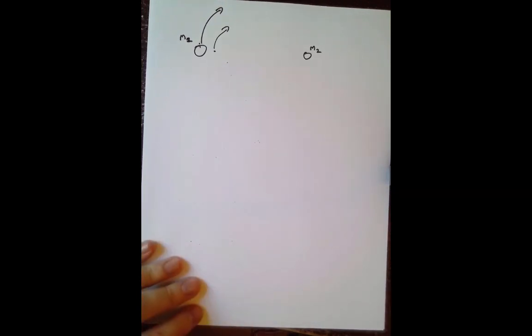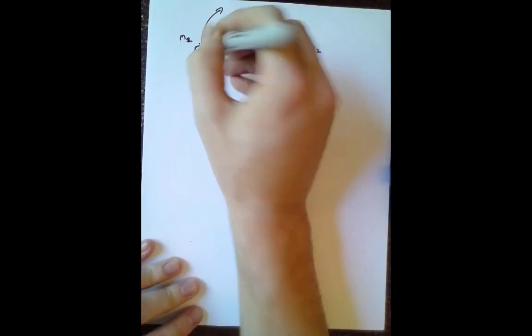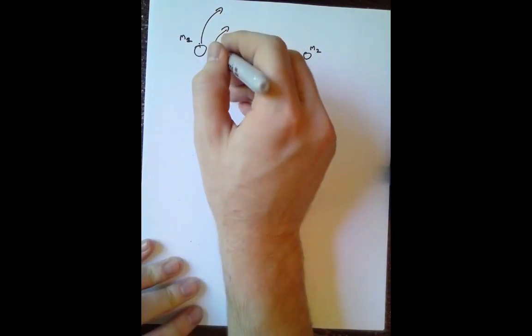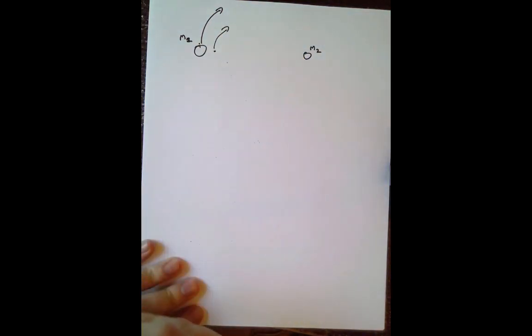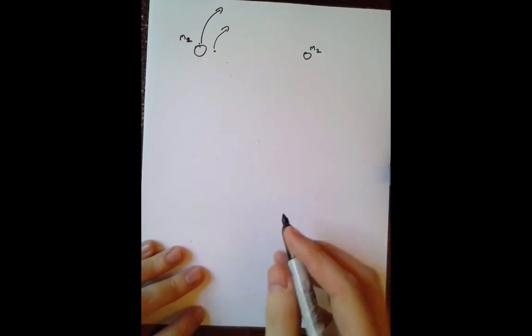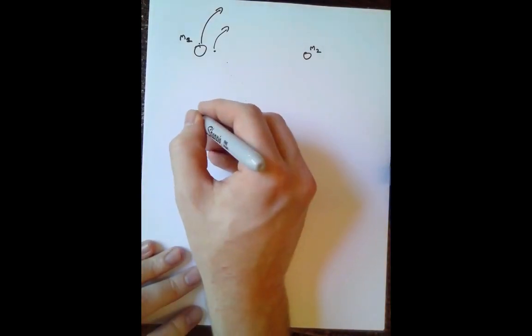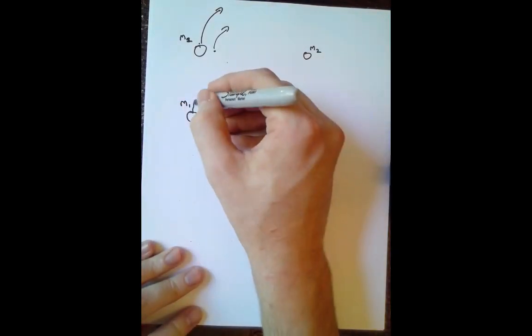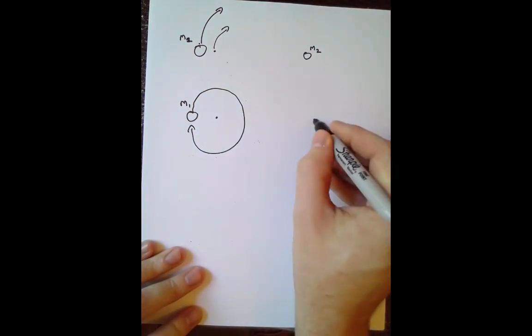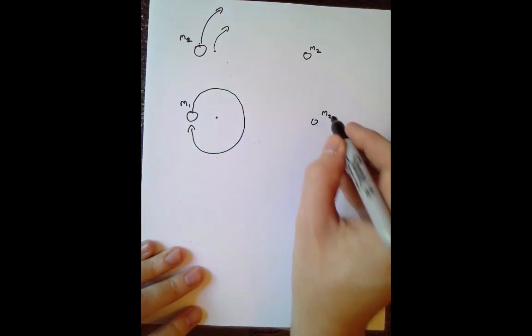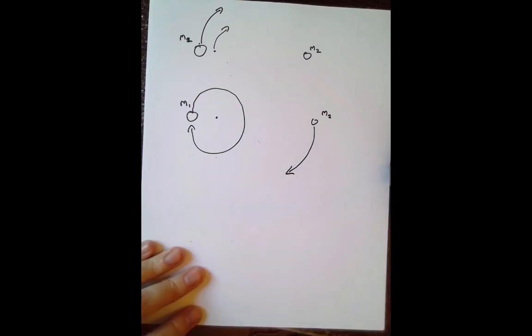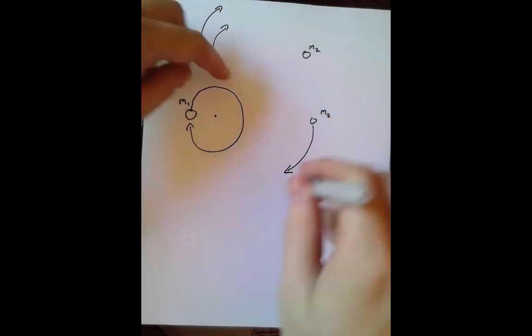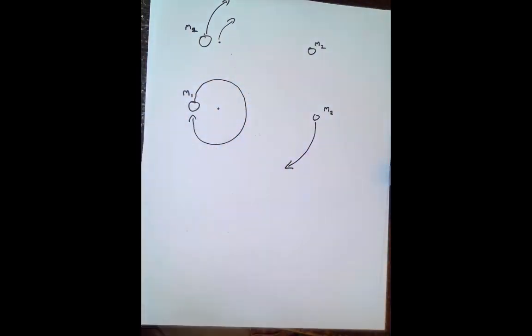But we're going to work in the center of mass frame, which means we sit on the center of mass, and we are stationary with respect to the center of mass. In that case, what we see is mass 1 orbiting us and mass 2 orbiting us. Okay, so both these masses are going around orbiting the center of mass.